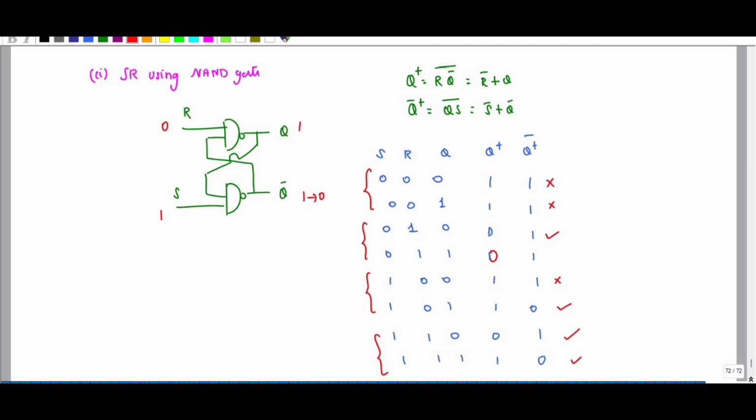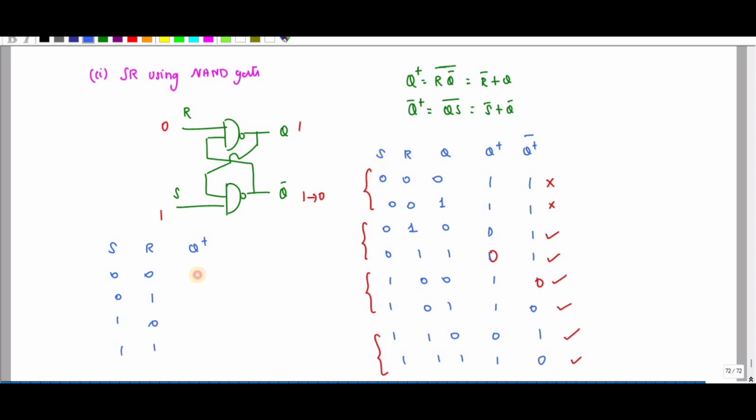So for this one, this goes to 0. So I have accepted these two conditions. Now I can replace the whole equation by S R q plus: 0 0, 0 1, 1 0, 1 1.